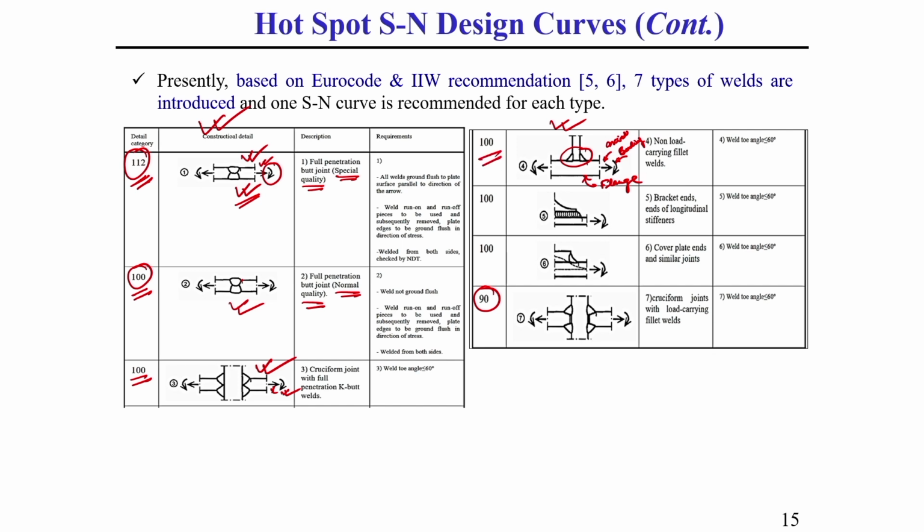Similar details are given for other joint geometries also, like the bracket end of a longitudinal stiffener, where we also consider 100. So, these are the different examples of FAT class and joint geometry detail for hotspot application.